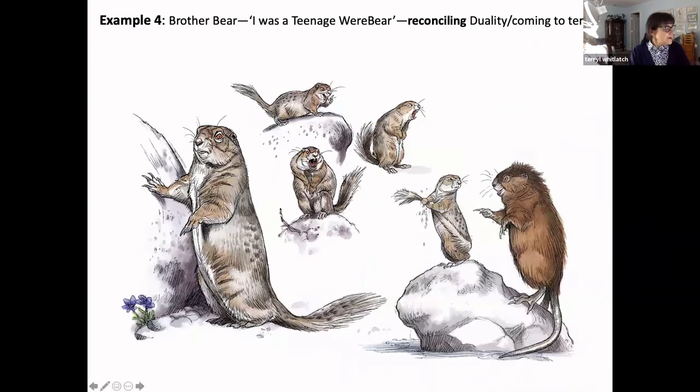All right, the development of some of the other characters. Here's a ground squirrel, fairly realistic, but then here I'm playing. And here is the ground squirrel doing something that's very human. And the muskrat, of course, is doing something that's very human.